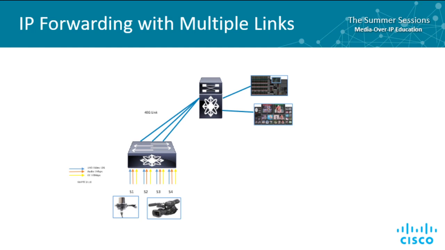Now, what a lot of broadcast engineers, or network engineers for that matter, don't realize is that when you have multiple paths going from one network switch to another, the way protocols route each of these sources to the destination all depends on what we call a hash function. So as you advance these slides, Wes, you'll notice that there could be a possibility that all of your video ends up taking the same path, and that path can become blocking.